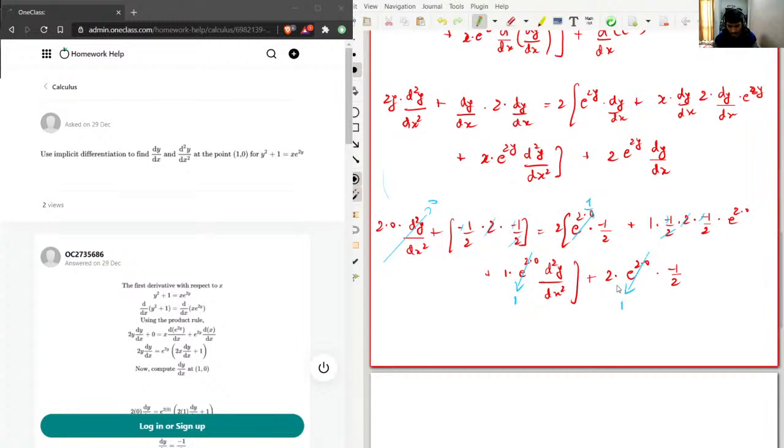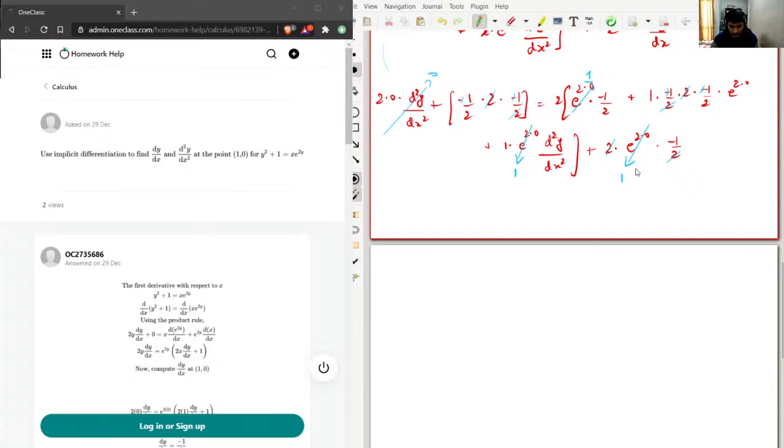This will also go to 1. This 2 and 2 get cancelled. So let's see at the end what we are left with.